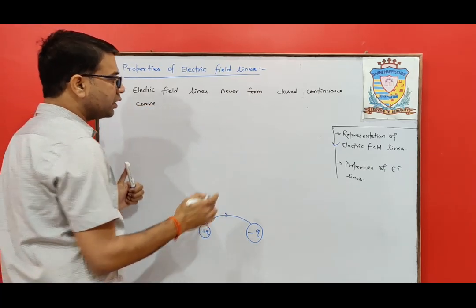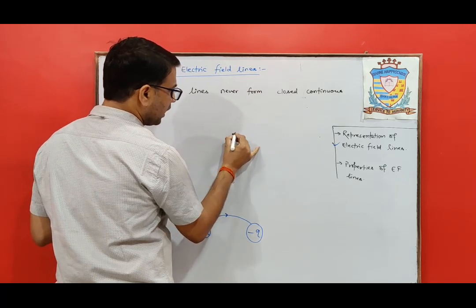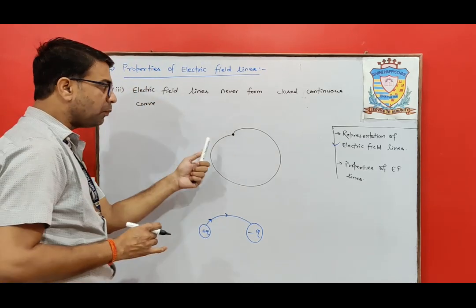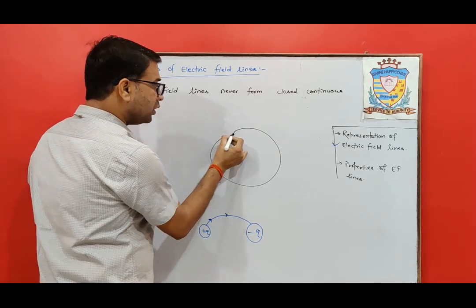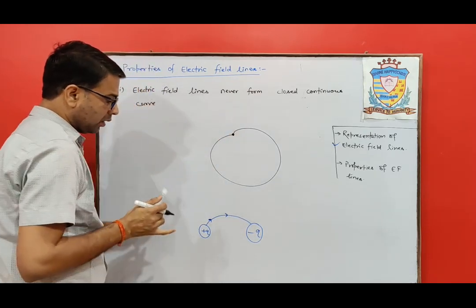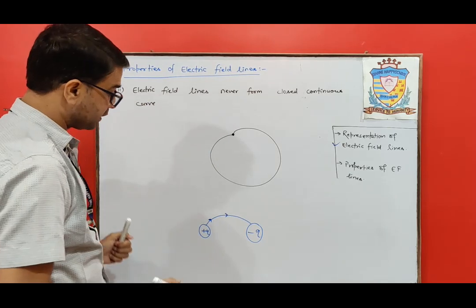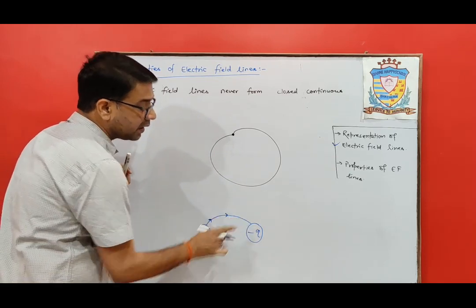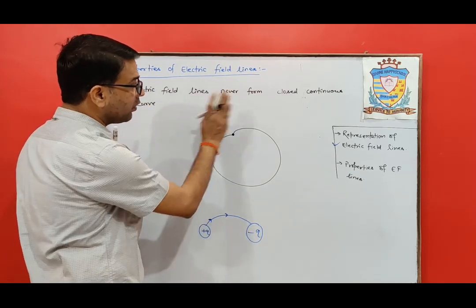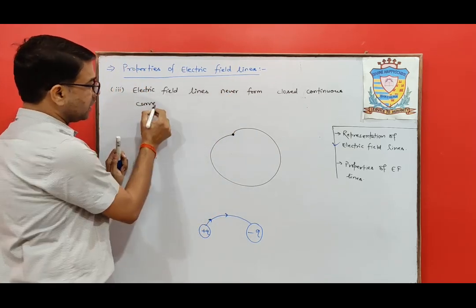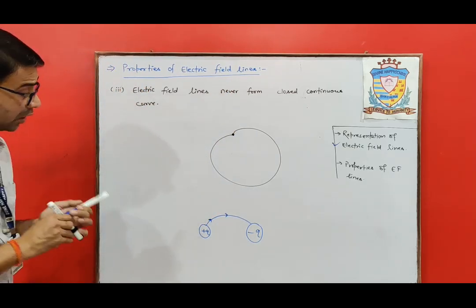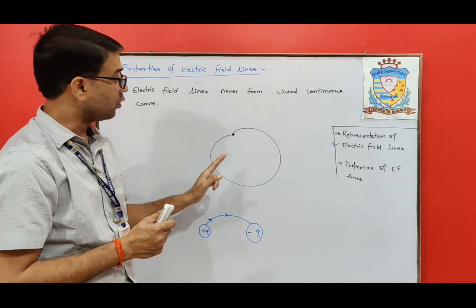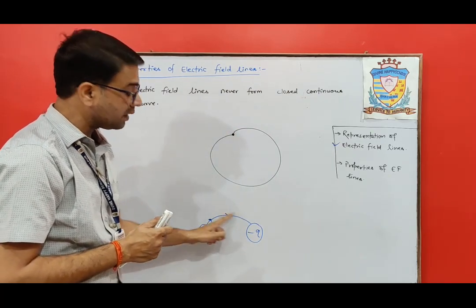Closed continuous means a line starts from here and after some time terminates over here. This is only possible if both the charges are present at the same place, but here both charges are separated by some distance. In that case, electric field lines start from the positive charge and terminate at the negative charge, so it will never form a closed continuous curve. It will form a continuous curve, but it won't form any closed continuous curve. Closed means like this, and continuous curve means like this. Clear?